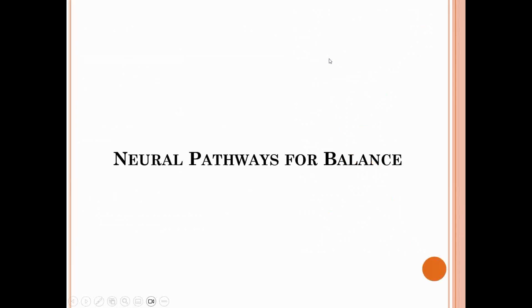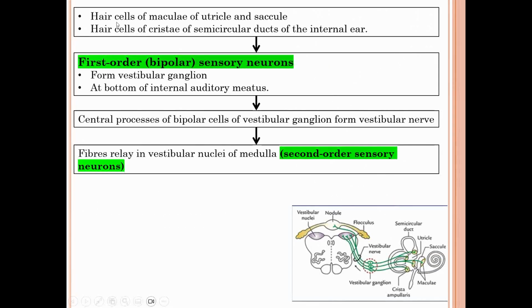Now the pathway for balance. The receptors are the hair cells of the macula of the utricle and saccule and also the hair cells of the crista of the semicircular duct. Both are present in the internal ear. The first order neuron is in the vestibular ganglion at the bottom of the internal auditory meatus.